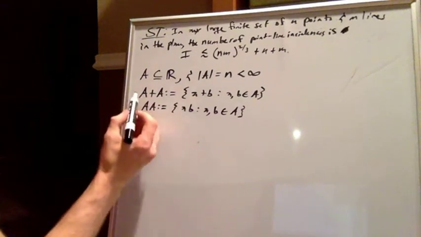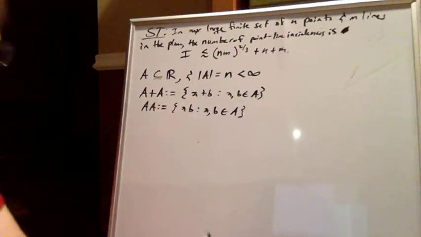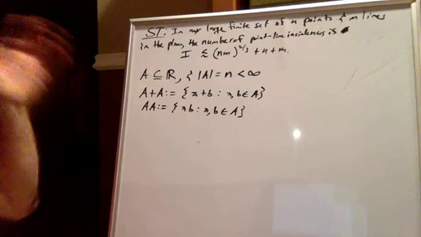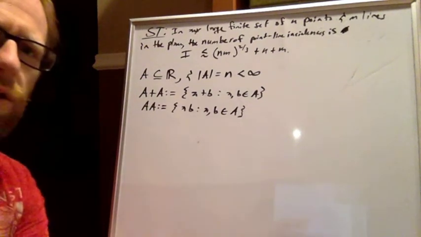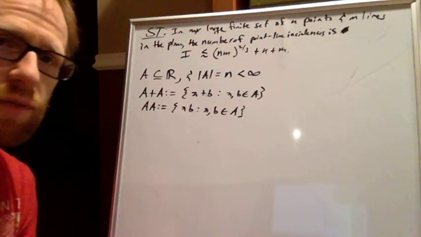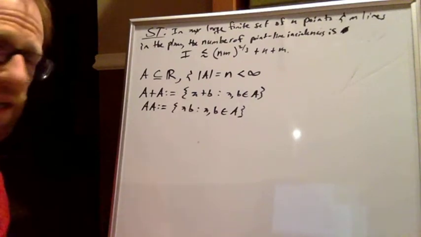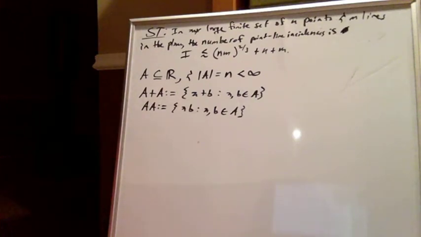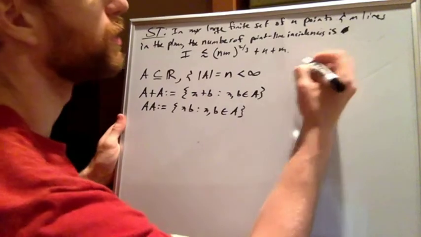Now you can actually do this for two different sets, the sum or product of two different sets. There's a whole bunch of stuff we can do here, but for today's application, we're just going to be dealing with A times itself and A plus itself. Now there's a conjecture due to Erdős.